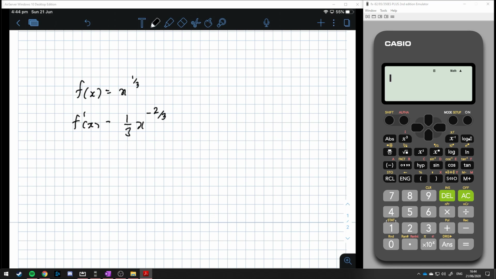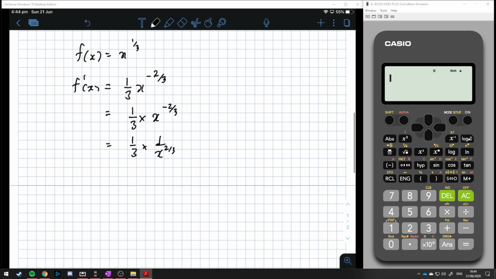If I turn this back into positive indices, this is the same as 1/3 times x to the -2 on 3, which is the same as 1/3 times 1 over x to the 2 on 3, which is the same as 1/3 times 1 over the cube root of x squared.